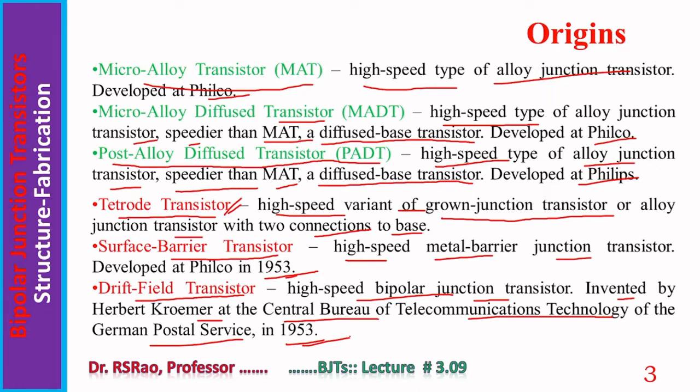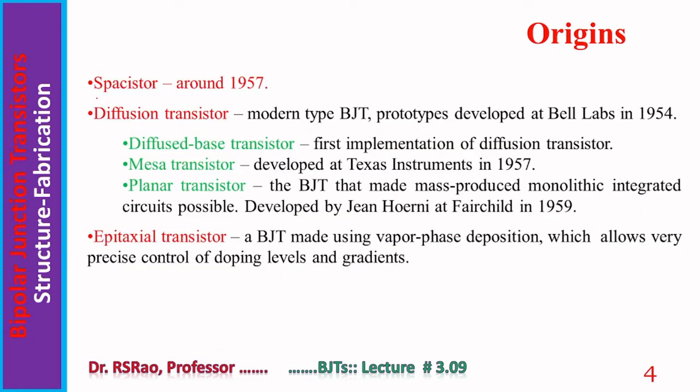One can understand easily that efforts were being made in different parts of the world simultaneously to develop a semiconductor transistor. Then in 1957 came the spacistor.